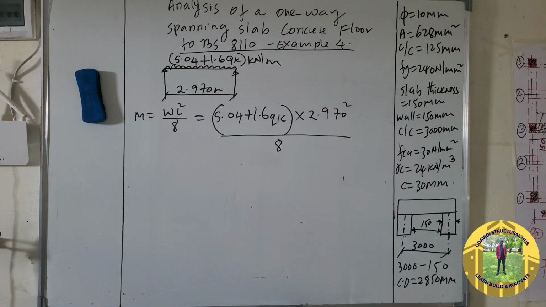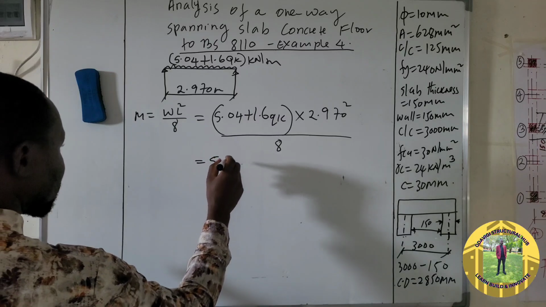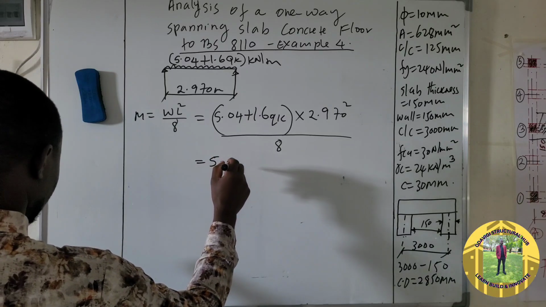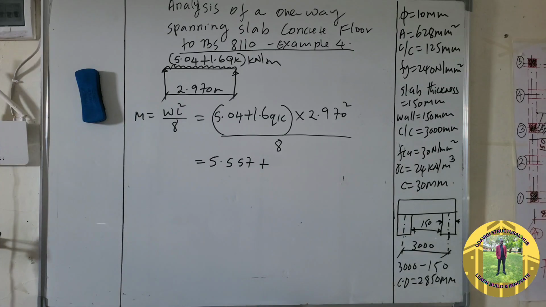So you'll get 5.557 plus 1.6 times 2.970 squared over 8.